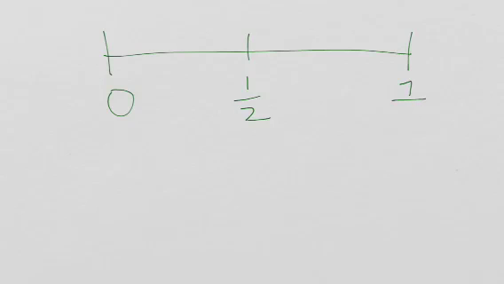Another example, if I have 0, half, or 1, let's say, for example, that I had 9/10. Where would 9/10 fall? Is it closer to 0, closer to half, or closer to 1? Well, I could fill in my halfway and my 1 point. Half of 10 is 5. 5/10 would be halfway. 10/10 is equivalent to 1.